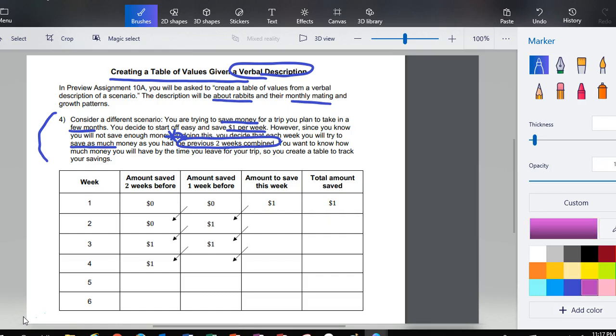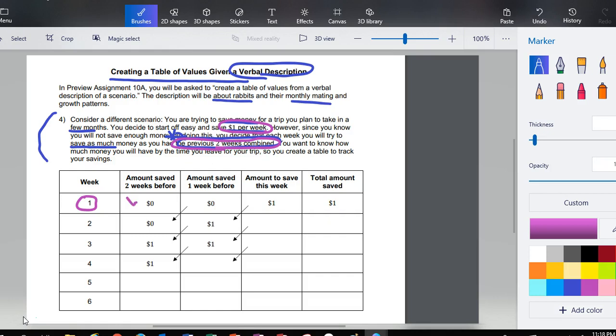As with any table, you got to think on it, you got to play around with it, you got to look at it, make it make sense. Here we go. The two things I want to point out, we were going to start by saving $1 a week. Then they thought, you know what, let me combine the previous 2 weeks and we'll go from there. So starting at week 1, we don't have a prior week and we don't have 2 prior weeks.